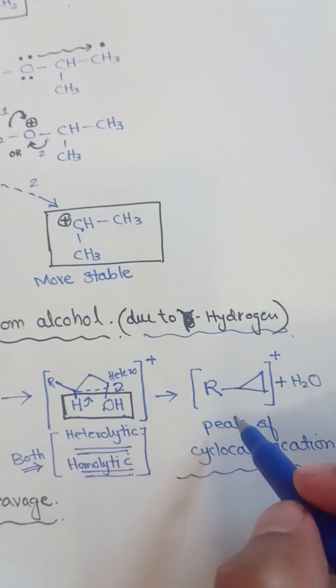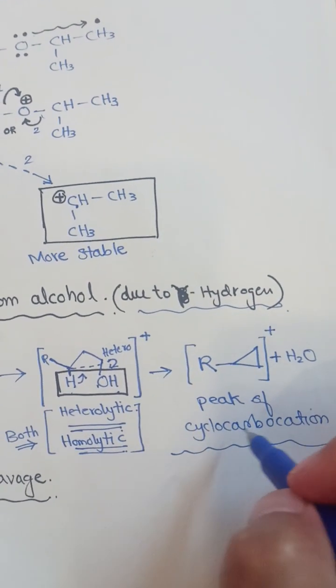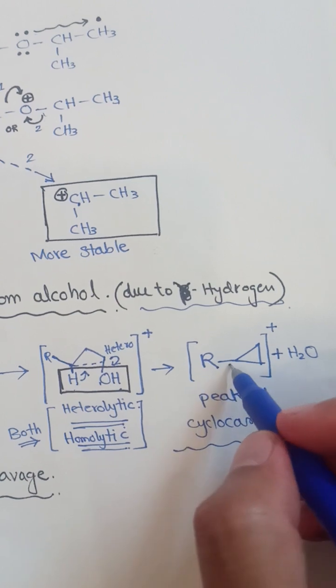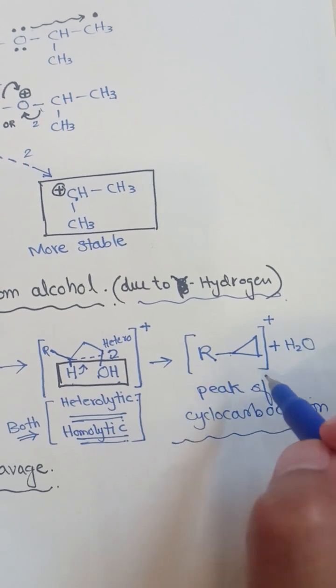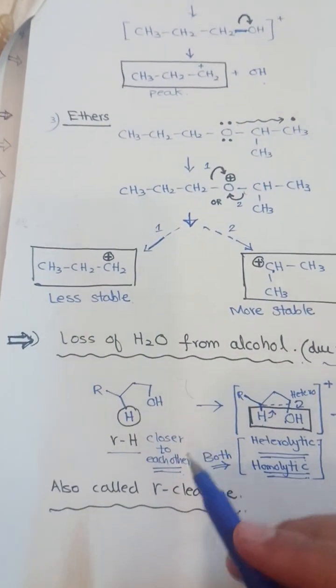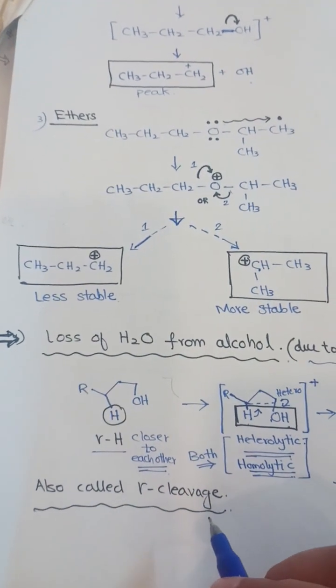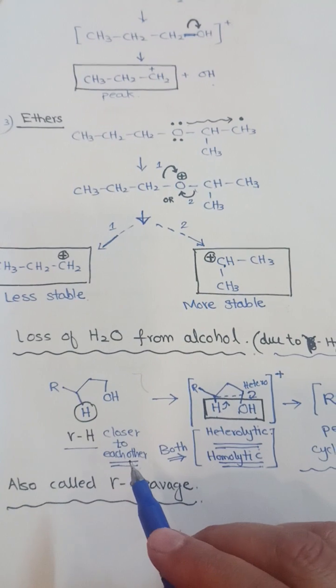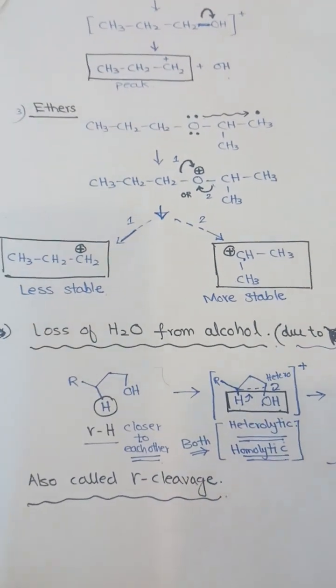So in this case we will get this peak of the cyclocarbocation. Here we get a cyclopropyl and then loss of water. So this type of cleavage is also called gamma cleavage, and this occurs in alcohols when they have gamma hydrogen.